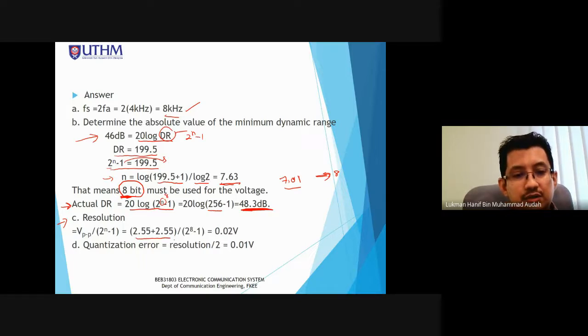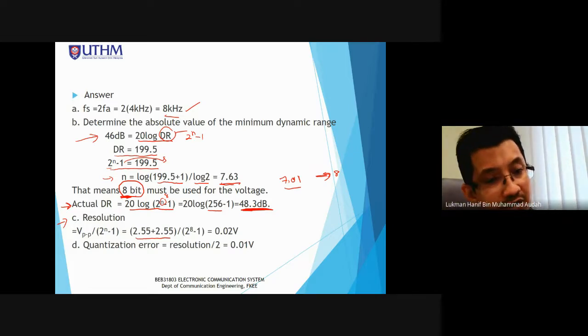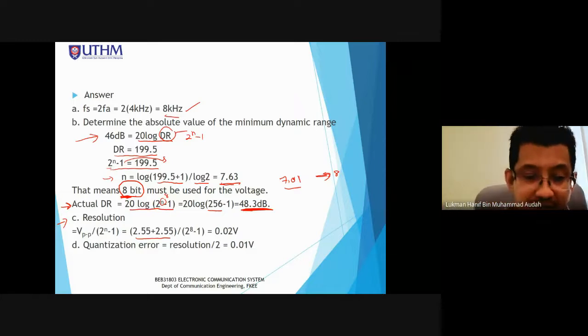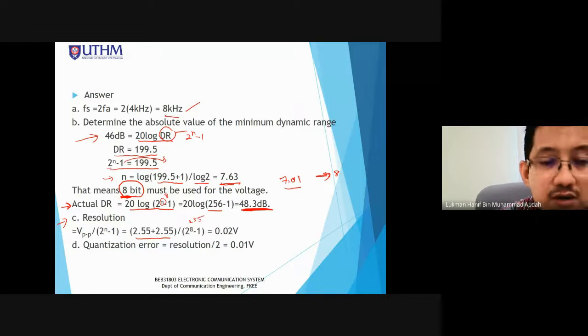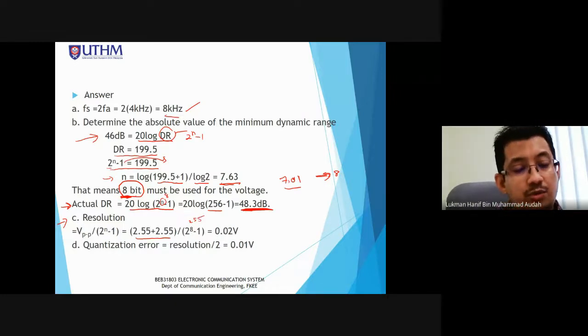So jadi 5.1 volt. Okay. So 5.1 volt divide with 255 levels. Okay, ini jadi 255, 256 tolak 1 jadi 255.